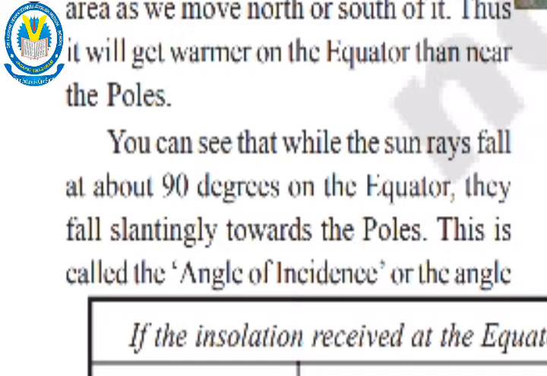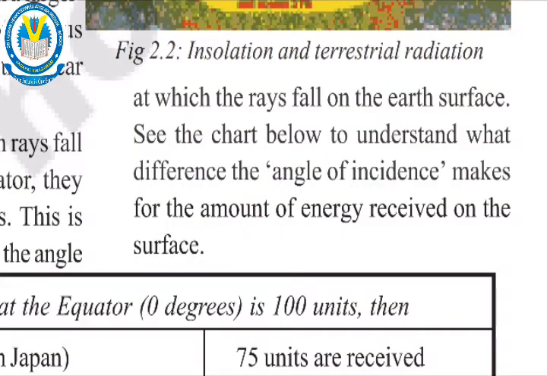We can see that while the sun rays fall at about 90 degrees on the equator, they fall slantingly towards the poles. This is called the angle of incidence, or the angle at which the rays fall on the earth's surface.